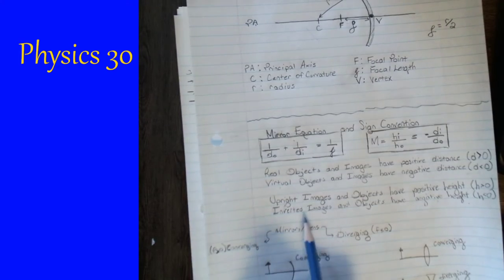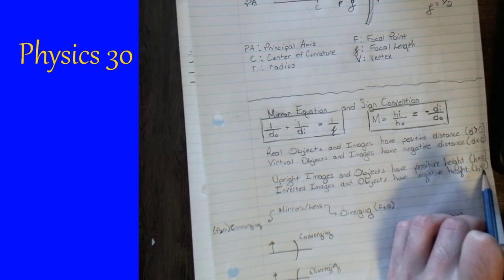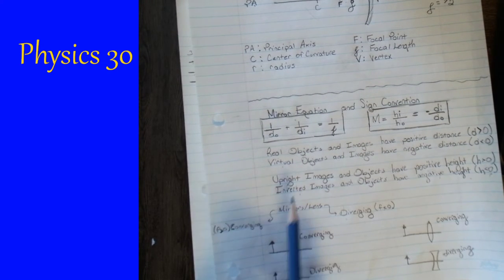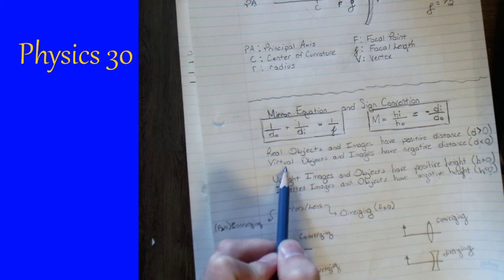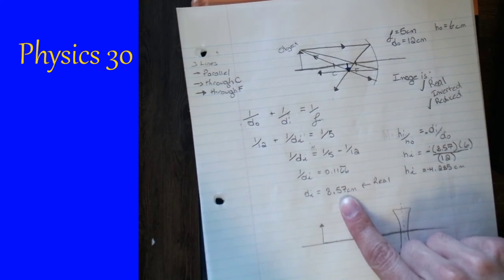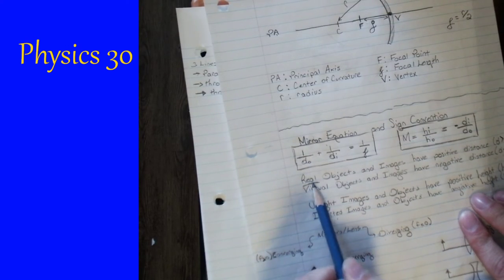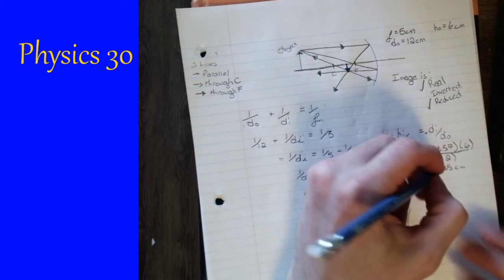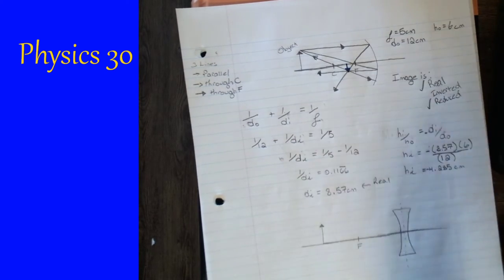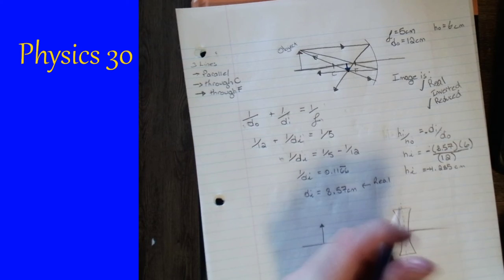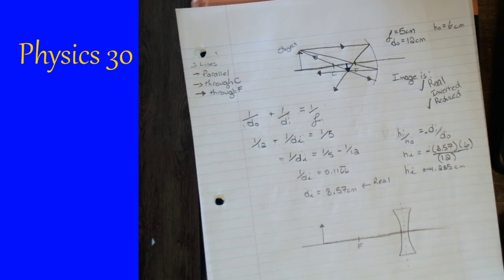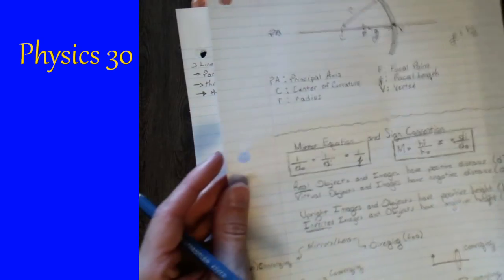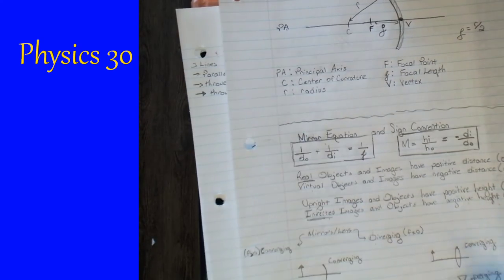Here's the one we're looking for. Okay. Height being less than 0 tells us that it's an inverted image. Distance being less than 0 would be virtual, which this distance is not. So this distance is positive, so it is real. And its height is negative, which means it is inverted. Just to clear up that. There's a lot of things going on with positives and negatives, and there's a lot of different quantities. It's very easy to get confused. So I always double check with my notes.